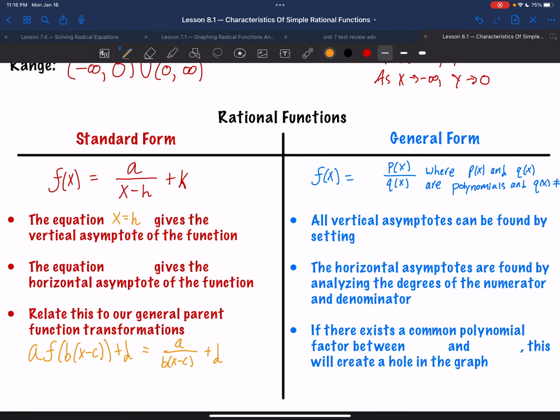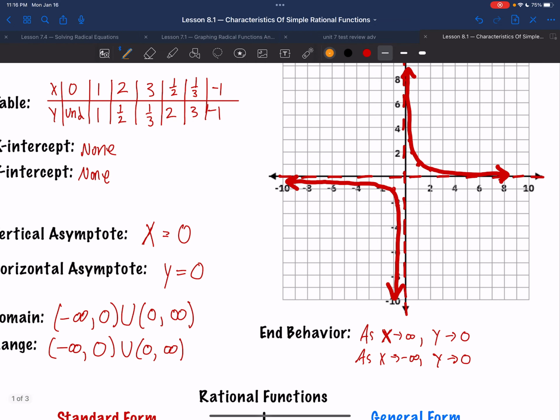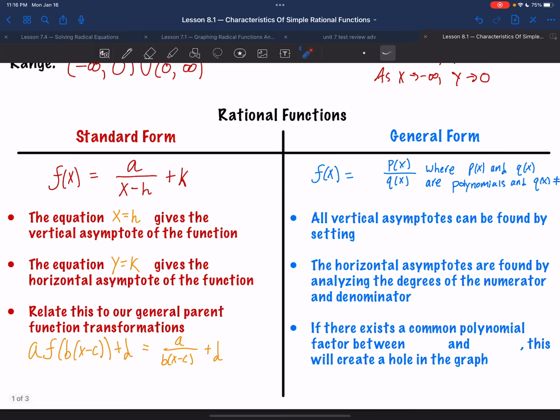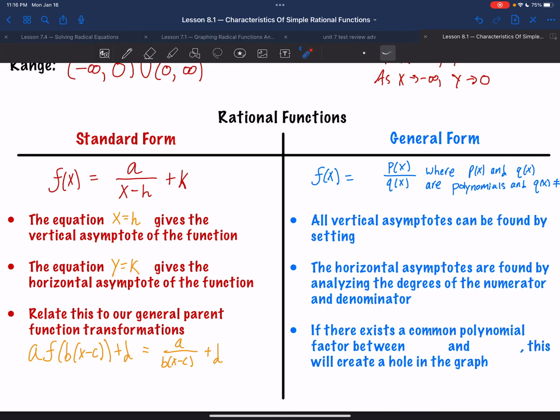Same idea for the horizontal asymptote. That would be y equals k. So let's say it gets shifted down 3, then your asymptote will be down here. And there it is. Okay? And that's pretty much it.